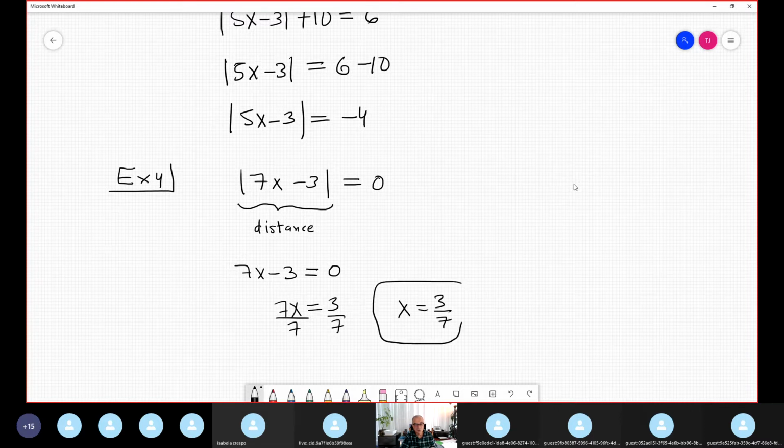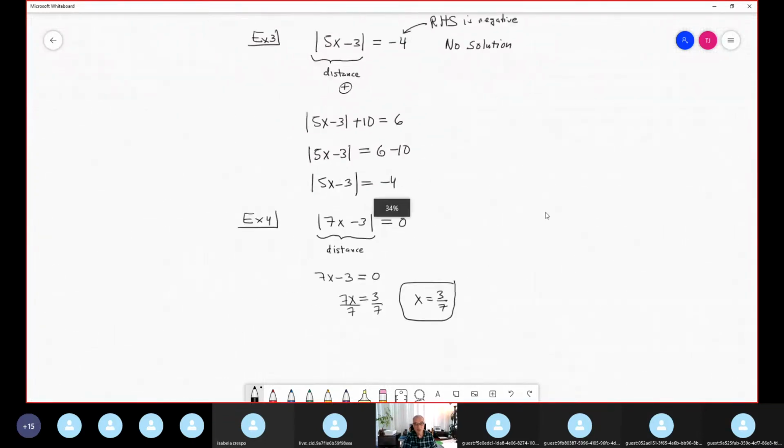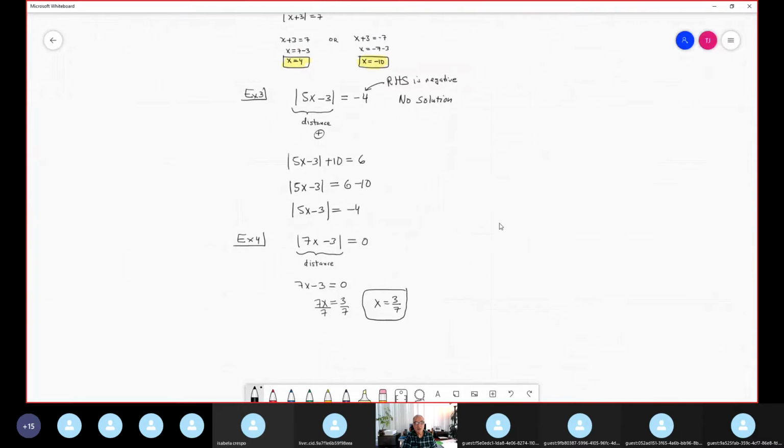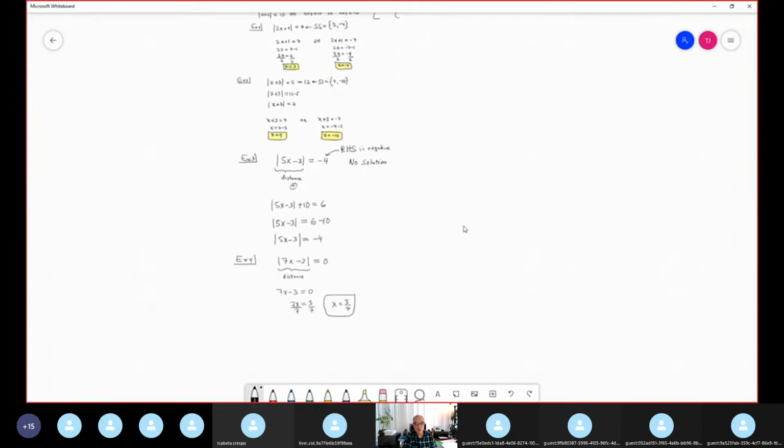In conclusion, I summarize everything. We have three possibilities in these equations. When the right-hand side is positive, we have two solutions. Look at this example and this example. Two solutions.